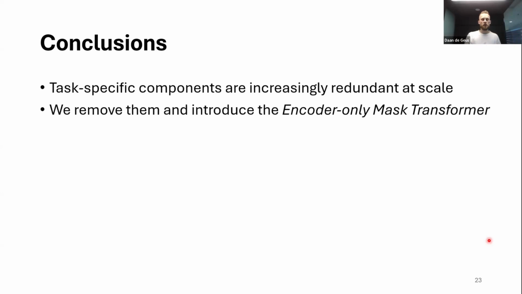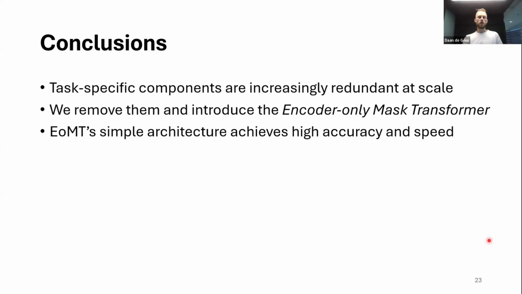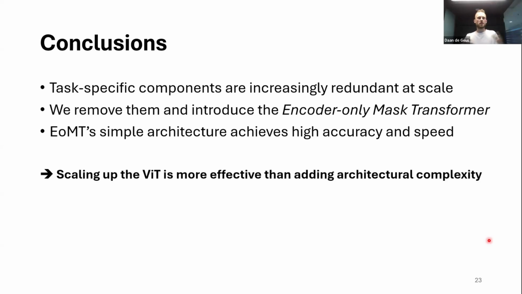And we show that by removing them and just using an encoder-only Mask transformer, we obtain a very simple architecture that still achieves a high accuracy, almost as high as the state-of-the-art, while being over 4 times faster. So the takeaway here, and I'm hoping that this applies beyond image segmentation, is that scaling up the vision transformer is more effective than adding architectural complexity. Of course, this is very much in line with the bitter lesson, so we're definitely not the first ones to find something like this, but this really supports that hypothesis and that idea.